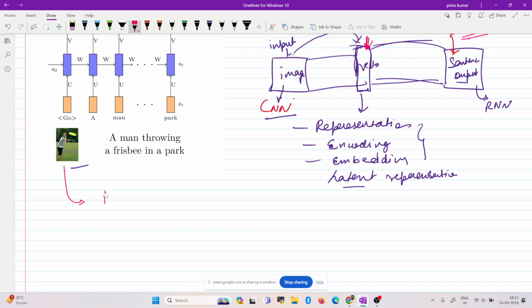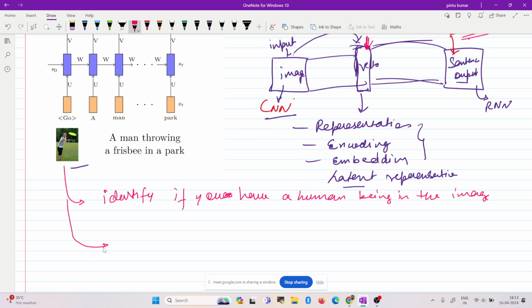First, you want to identify if you have a person, a human being, in the image. Okay, and second task is, similar to this, you want to generate a caption.